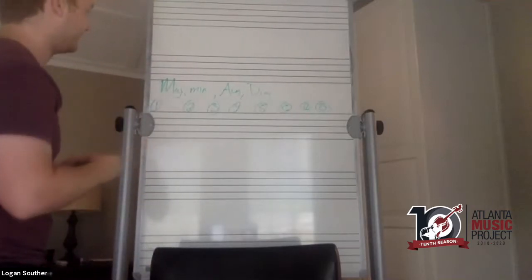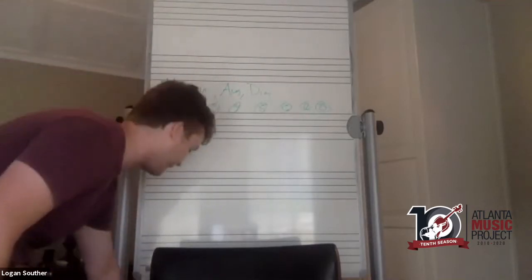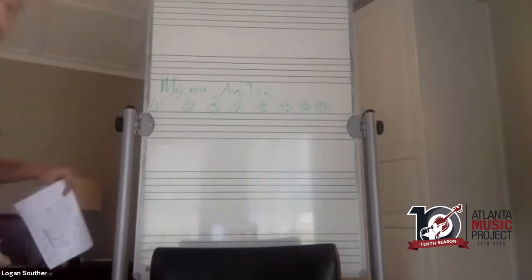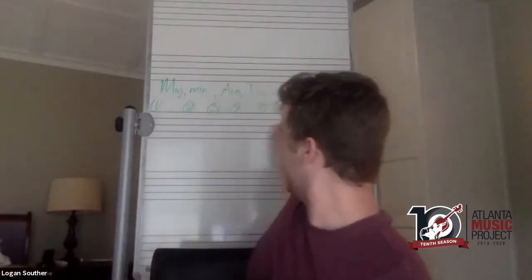So we'll do 8, but now they're all fair game. Major, minor, augmented, or diminished. So all 4 options are available now, and then we'll move on to something different. All right, we'll do 8 of these again, so you can number your papers through 8.